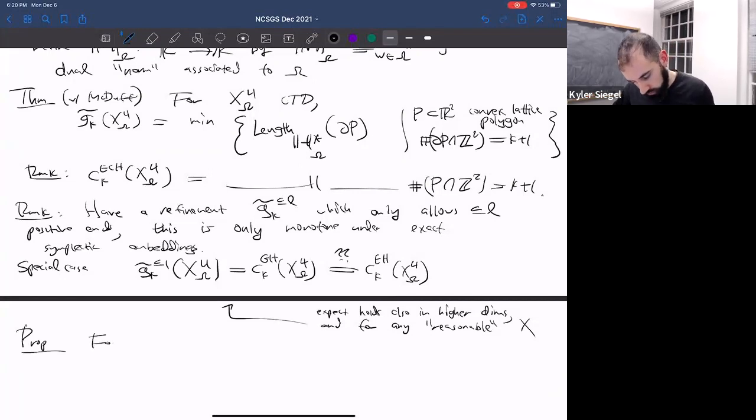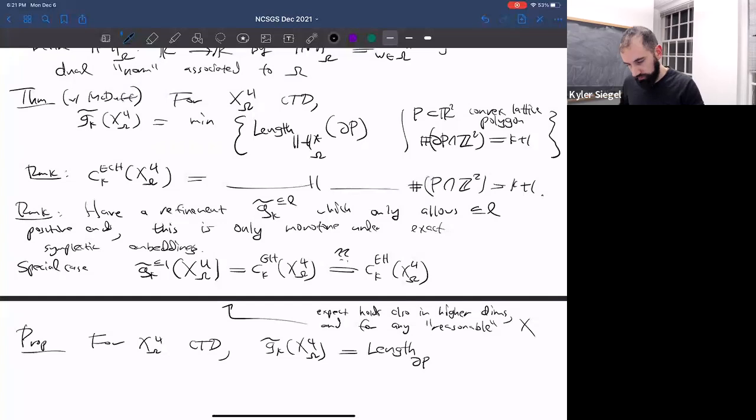Okay, so for a convex toric domain, still four-dimensional, as in the theorem, the theorem is saying that the kth capacity is given by the minimal length of the boundary of a convex polygon, where length is measured with respect to this norm determined by omega.